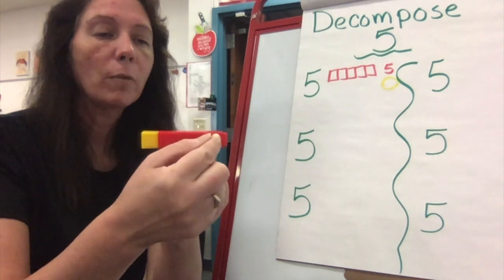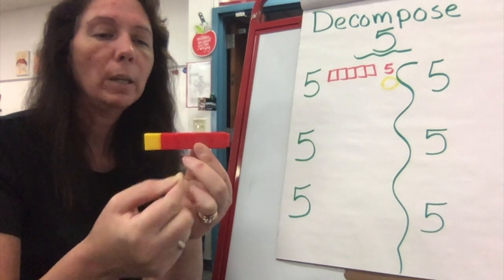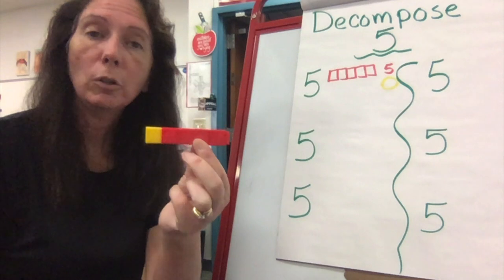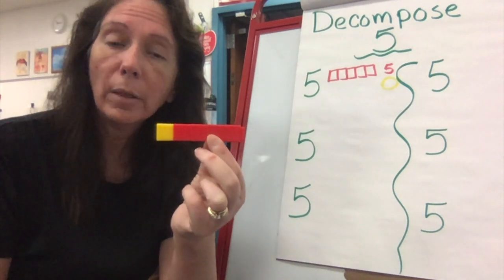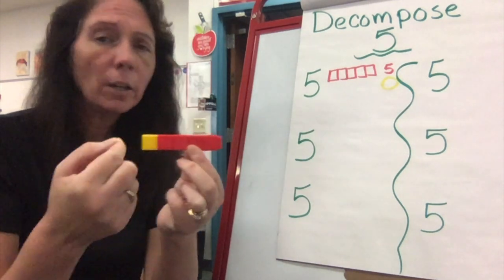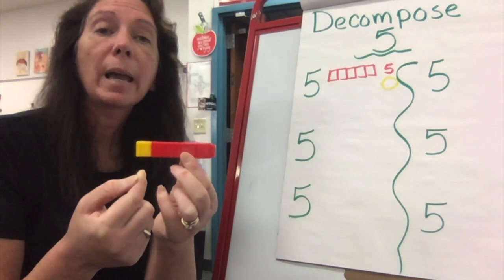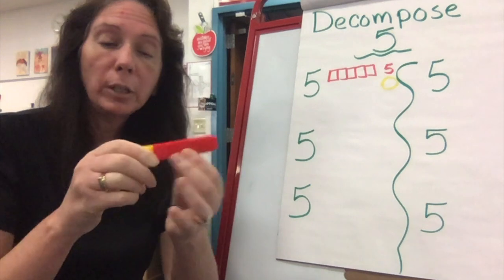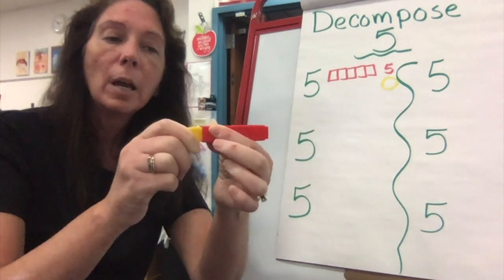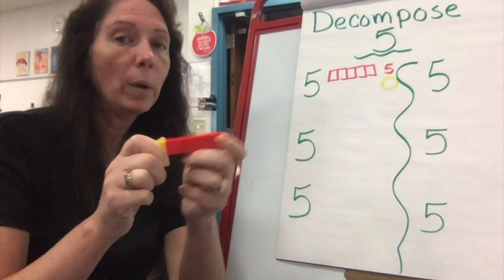You can see that I have 1, 2, 3, 4 red cubes, and I have 1 yellow cube. It's still the number 5, but now I have composed, I have put it together. You saw me put this on there. I have composed it in a different way.